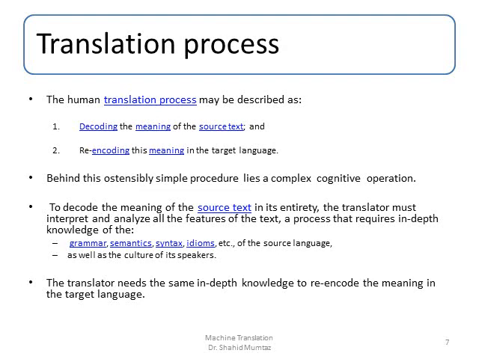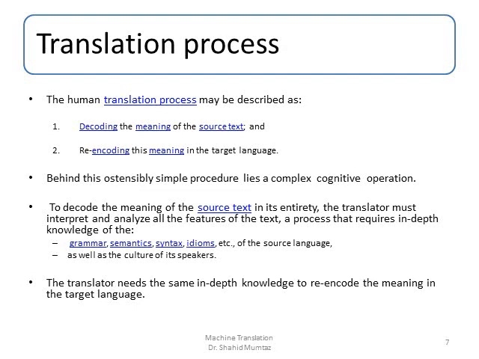If you are translating Urdu text into English, first of all, as a translator, you have to understand the Urdu text to its full depth. And second step, encoding this meaning, so then you put this into codes again. First you decode the meaning and then you re-encode this meaning in the target language.